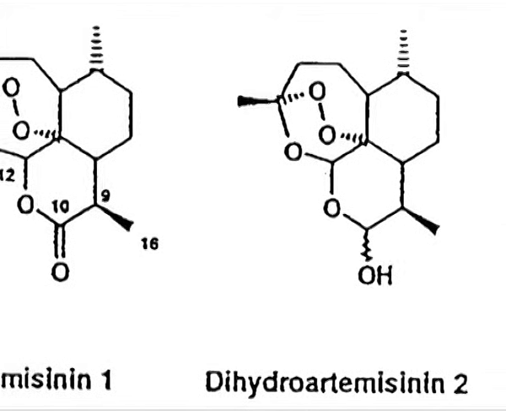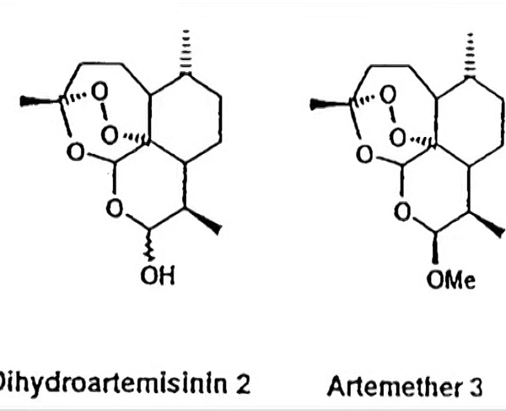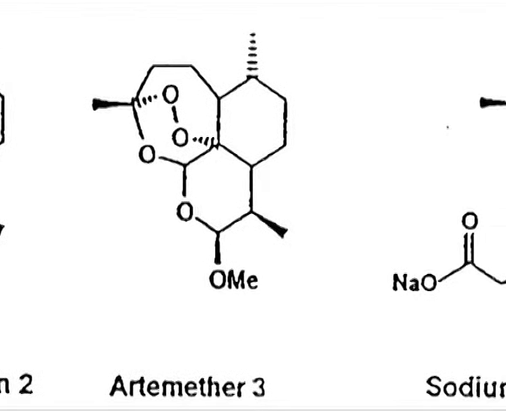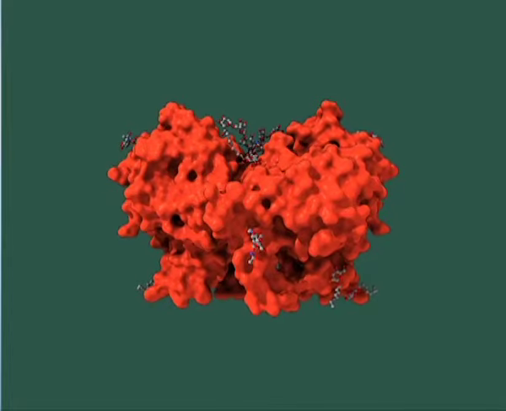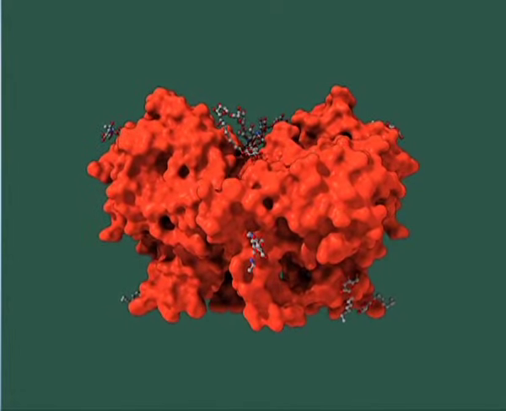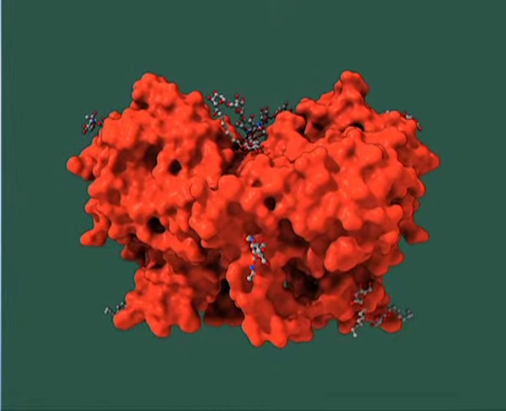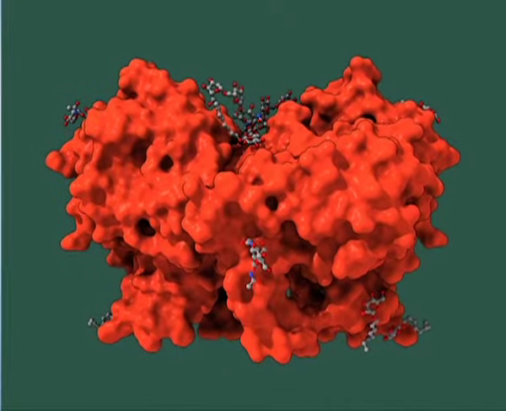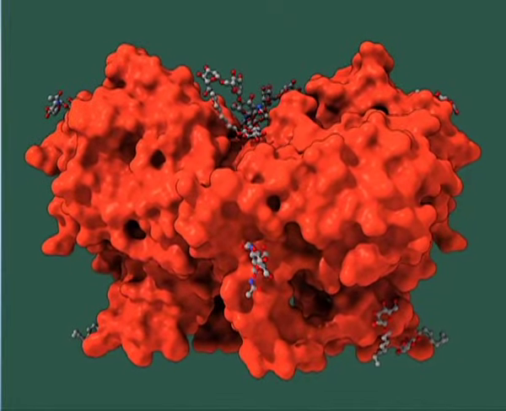Artemisinin and its derivatives are used as fast-acting blood schizonticides in the control and management of malaria fever caused by the Plasmodium vivax strain. It contains an unusual endoperoxide group, and this reacts with the iron in heme, that is the free form of heme due to hemolysis in case of malaria, giving rise to highly reactive free radicals.